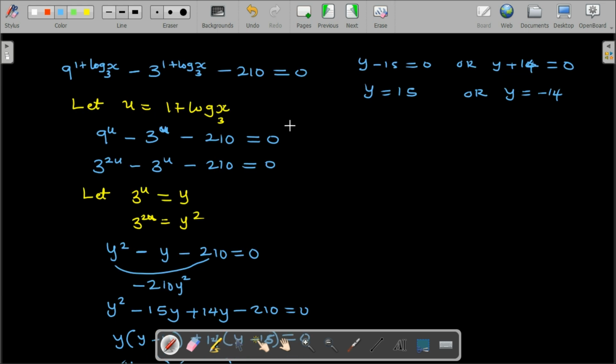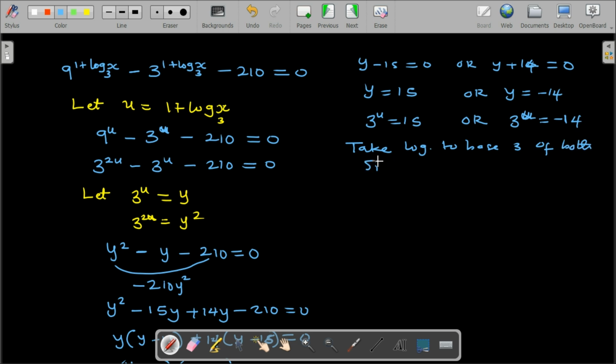Since we know what y is, we can relate 3 raised to the power u in terms of y, which implies that 3 raised to the power u is 15, or 3 raised to the power u is negative 14, right? Now, from here, we could calculate what u is by taking logarithm to base 3 of both sides.